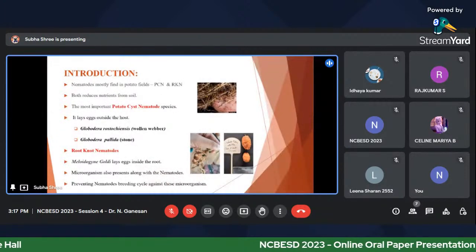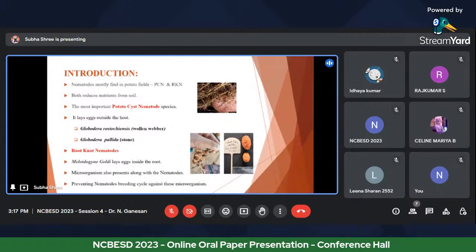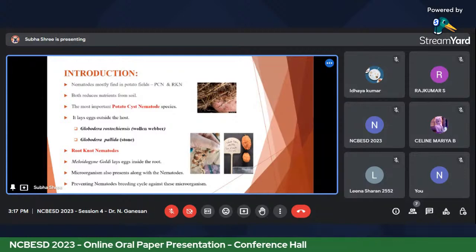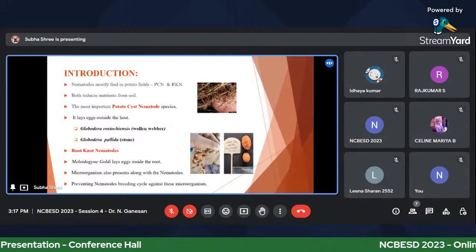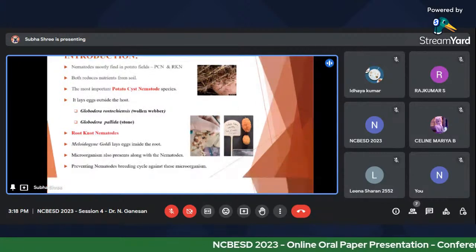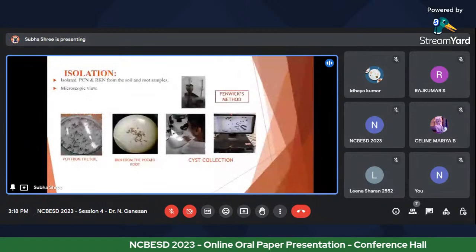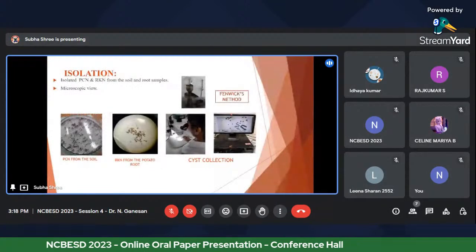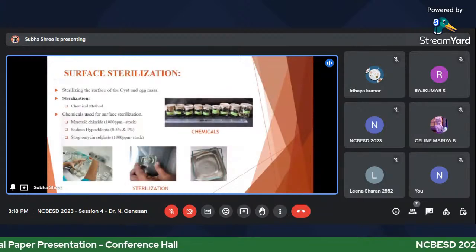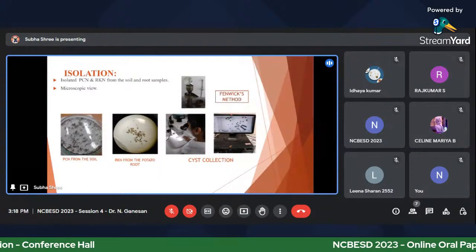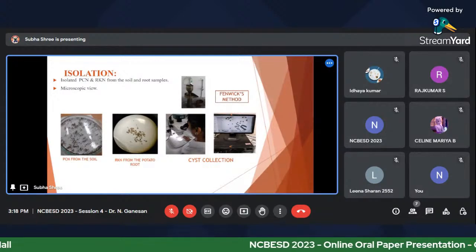First one is the potato cyst nematode, and below it is the root knot nematode. Potato cyst nematode lays eggs outside the host, and root knot nematode lays eggs inside the root. First, I isolated the PCN and RKN from the soil and root samples; these are the PCN, these are the RKN, separated using Fenwick's method.